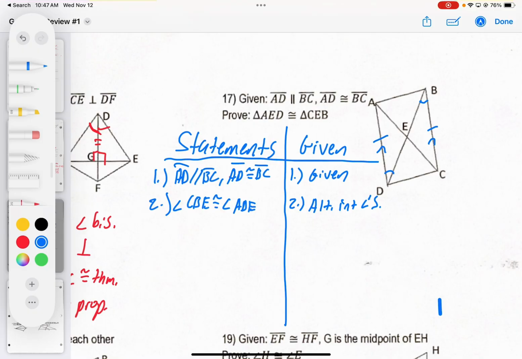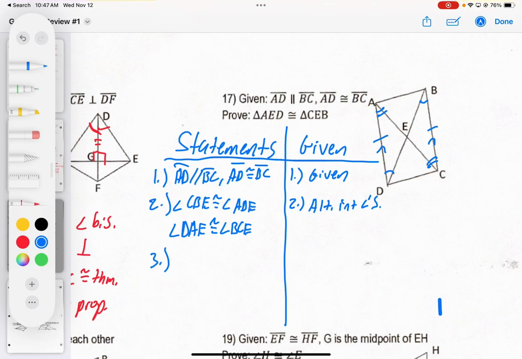Yes, the ones at point A and point C. We have to call them out with three letters. So we could say DAE is congruent to angle BCE. That would be this angle and this angle here. And that's still alternate interior angles, so I'm not going to put a separate reason for that. That's still under the same reason.